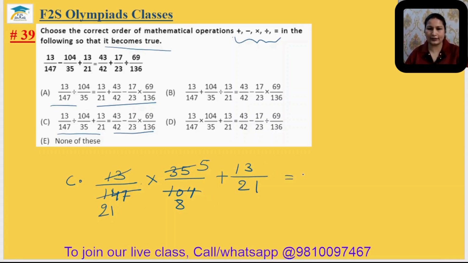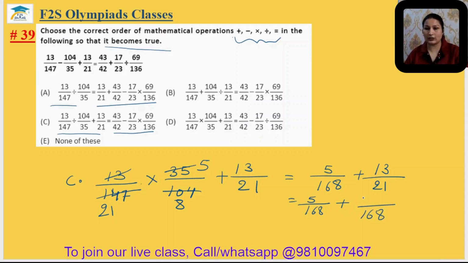I can write it here, 5 upon 8 1s are 8, 8 2s are 16, 168 plus 13 by 21. So 5 upon 168 plus, this will be your 168, that is your multiply by 8. So 104. This is your 109 upon 168.